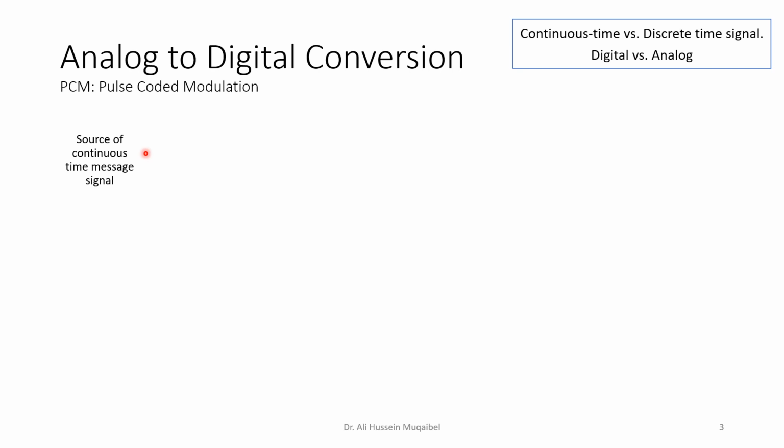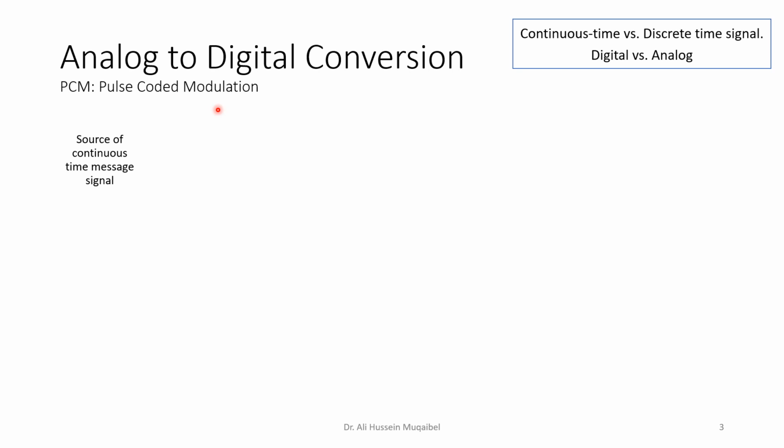So we'll assume that we are starting with a source of a continuous time message signal. The process I'm going to illustrate is analog to digital conversion, and it's also called pulse coded modulation. How do we represent the information in pulses?